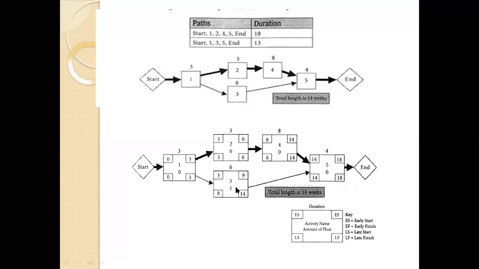So this will form the foundation of this difference. 3 plus 5 will form 8 here. So this will be the critical path and this will be the back end path. So this is the time estimation, that is 18 hours, 18 days or 18 weeks. This way we can calculate the early start and early finish for a particular kind of project schedule.